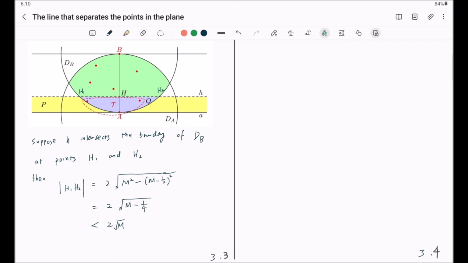On the other hand, if we consider the projection of those points onto the line segment H1H2, we'll get a surprise. You will find that there might be too many points on the line segment H1H2. And somehow there will be a contradiction. And now we are going to find this contradiction.